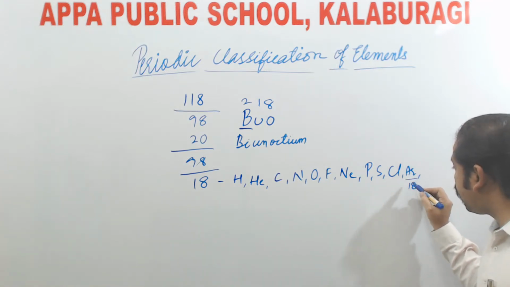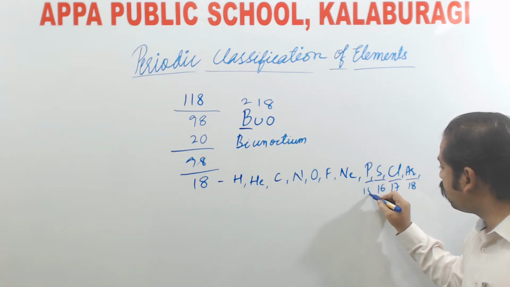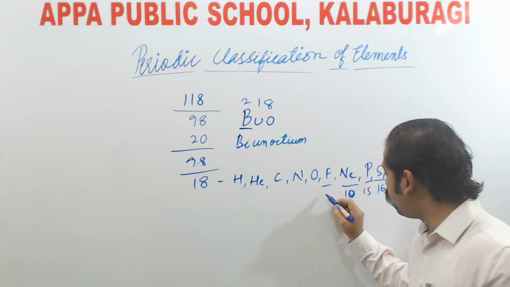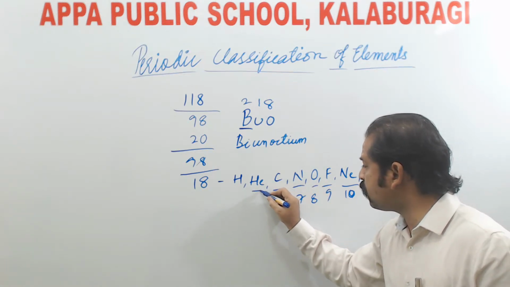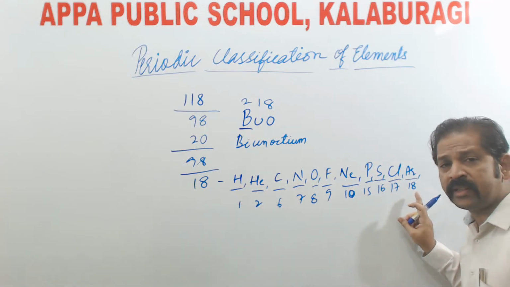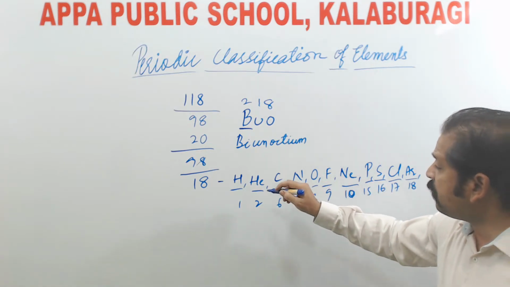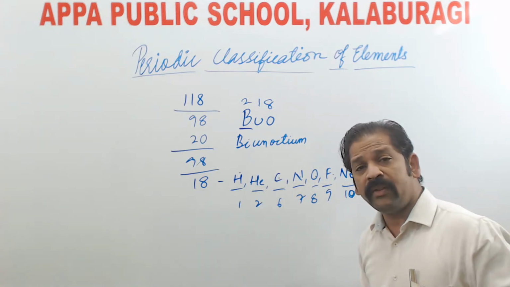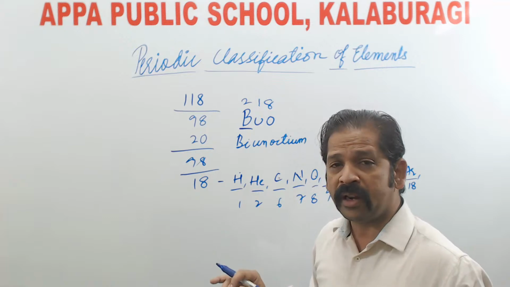Argon is atomic number 18, chlorine 17, sulfur 16, phosphorus 15, neon 10, fluorine 9, oxygen 8, nitrogen 7, carbon 6, helium 2, hydrogen 1. Out of the first 18 elements, atomic number 1 to 18, we have 11 elements that are non-metals.